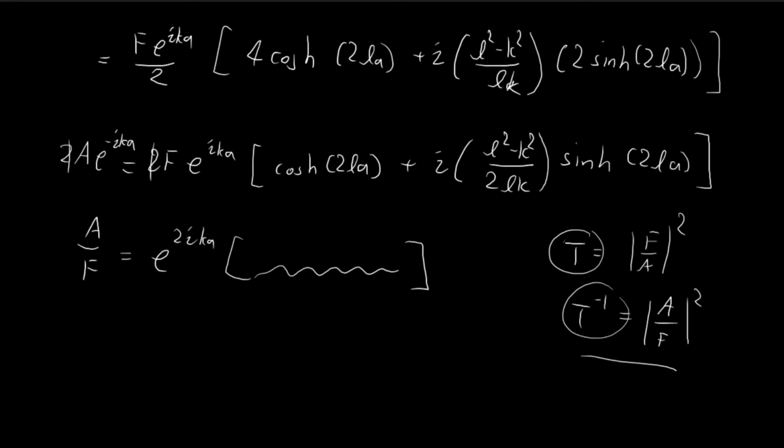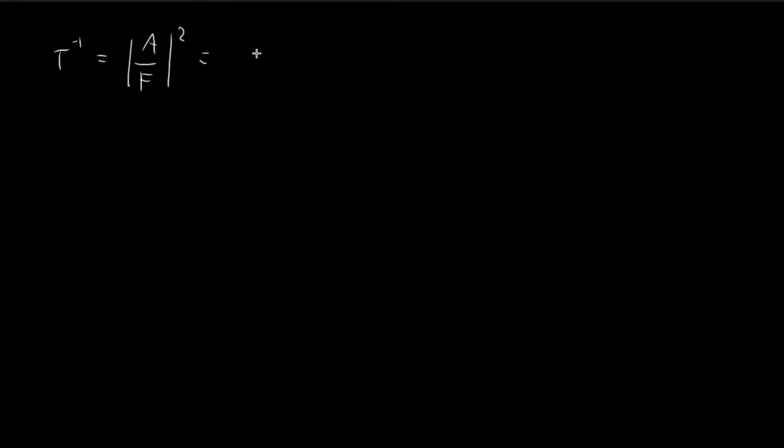So now the transmission coefficient inverse is just equal to the absolute value of a divided by f, squared, which is just equal to the absolute value of this term. But the absolute value of this e term is just equal to 1. So the absolute value squared of this e term is just equal to 1, because if you have a complex number and you take the absolute value squared, this is just equal to the complex number times its conjugate.